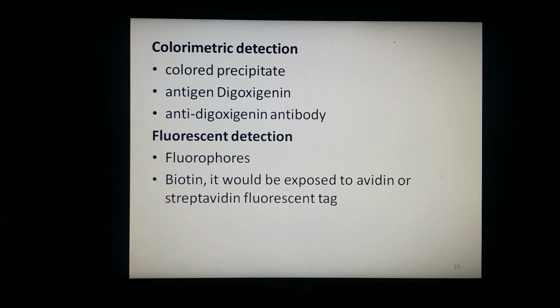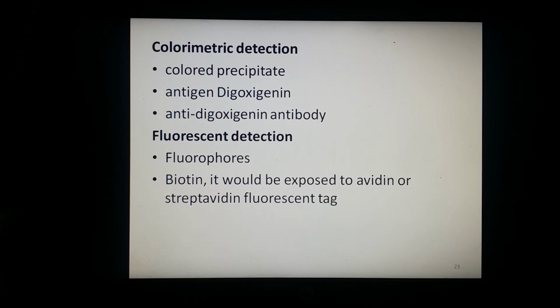In a typical system, the DNA probe itself is labeled with an antigen such as digoxigenin, and after hybridization to its target, it is exposed to anti-digoxigenin. First we label it with the antigen digoxigenin, and then with the anti-digoxigenin antibody. This anti-digoxigenin antibody is conjugated to an enzyme that is capable of catalyzing a colorimetric reaction.